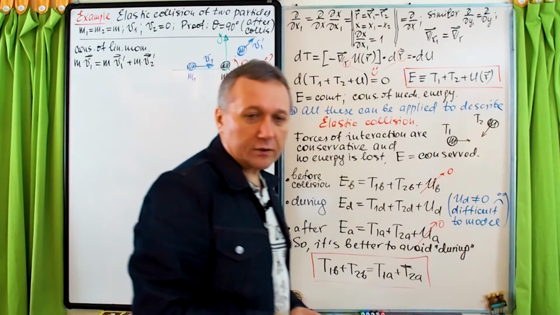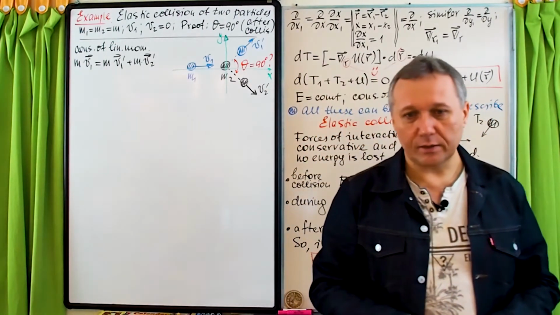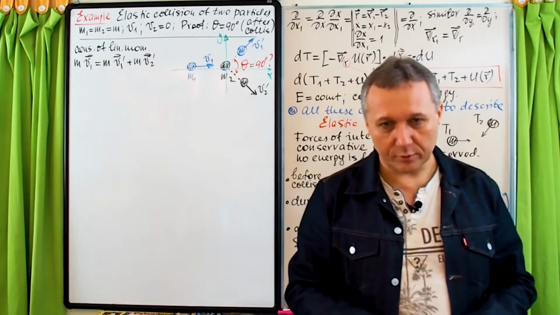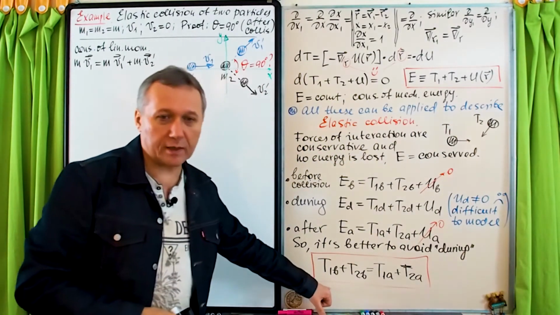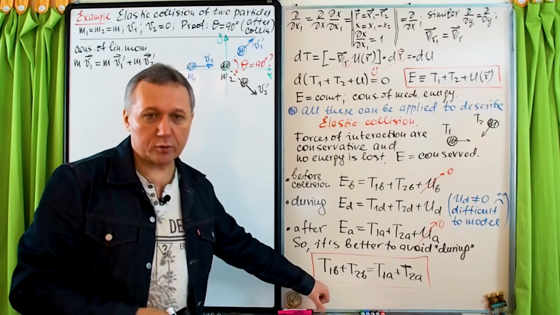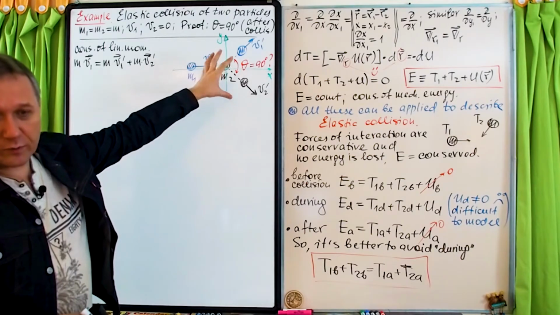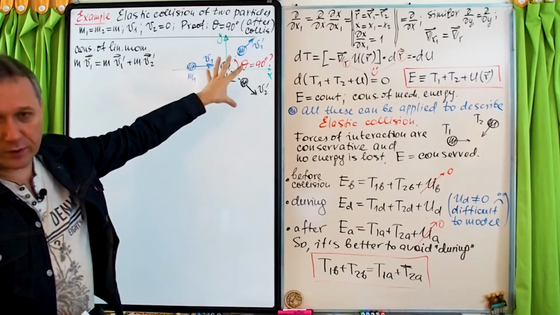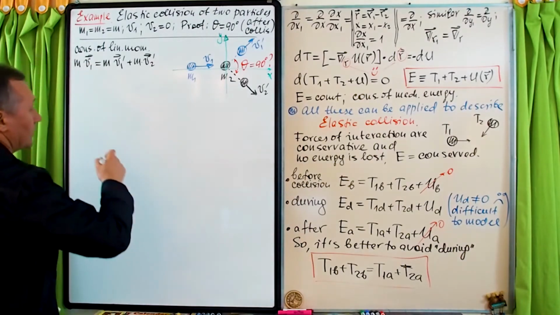Then, since the forces are conservative and the collision is elastic, mechanical energy is conserved. So I can use conservation of mechanical energy, but it will look like this because we avoid the period of time during the collision. We compare the energy before with the total mechanical energy after.